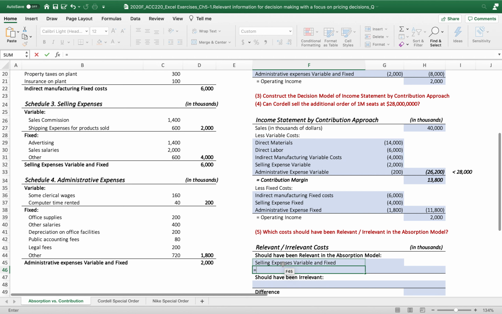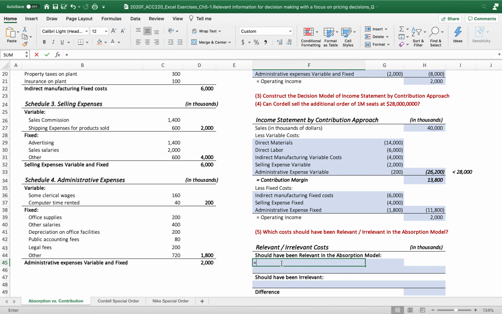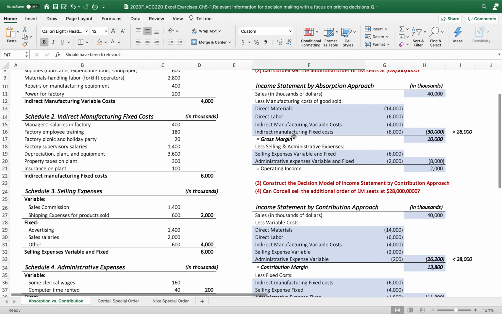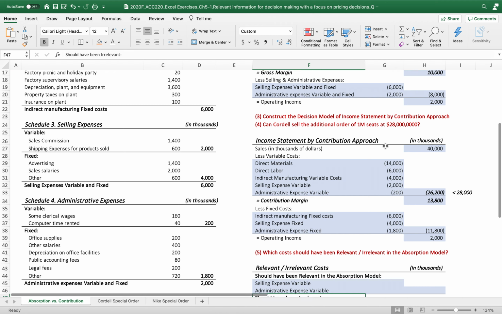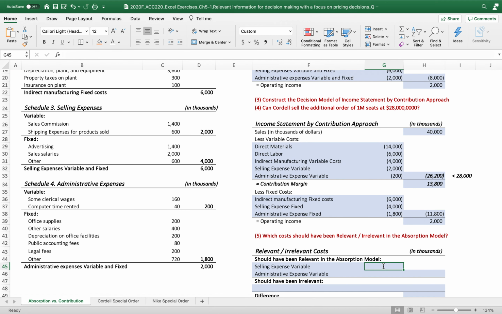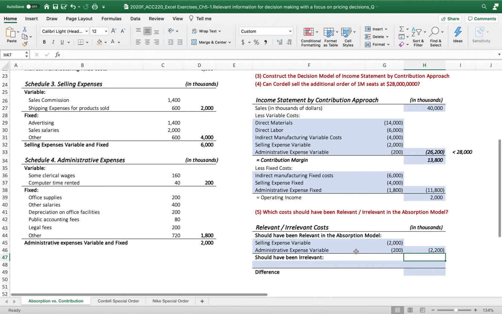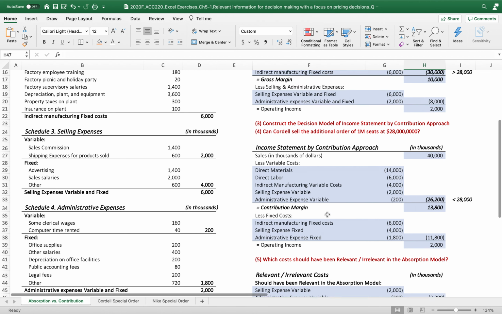Should be selling expense variable, and administrative expense variable that was not included in this decision making from the additional sales. So that was the 2,000 and 200. That was relevant information. So total 2,200.